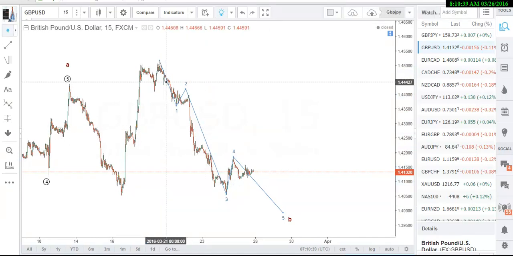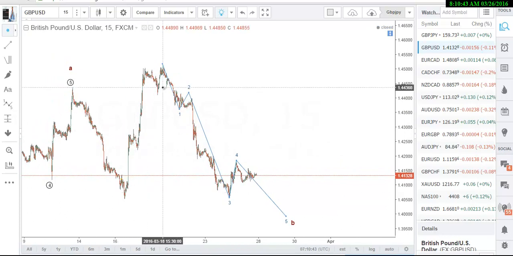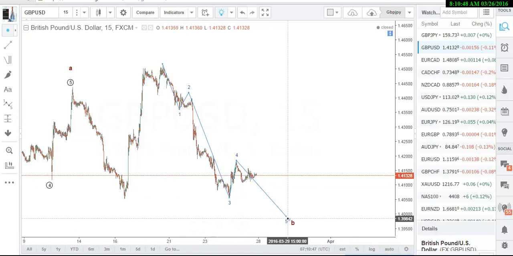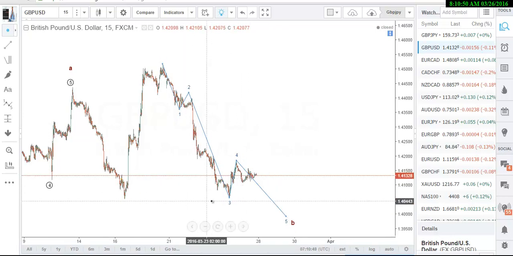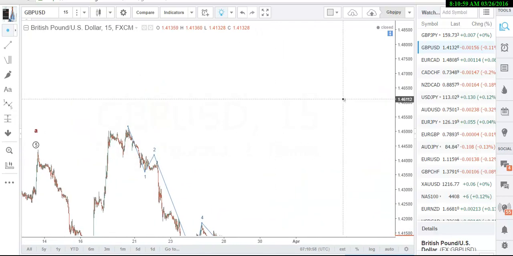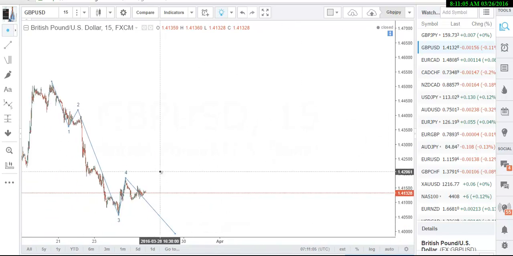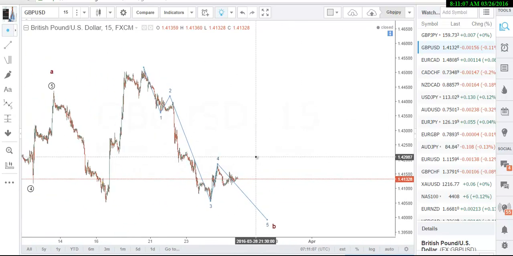So this is the projection of the GBPU, and here a B, and then a C wave. If price dips further to break below this level and then returns to break above here, that's going to be a good buying opportunity to take price higher, to somewhere around the 1.465 level. So that is it about the GU.